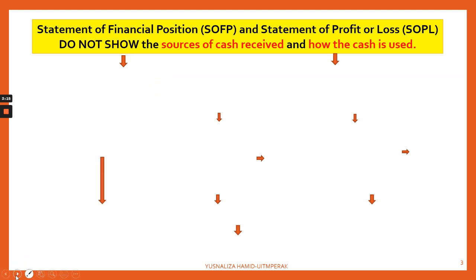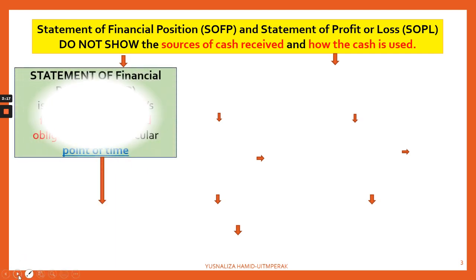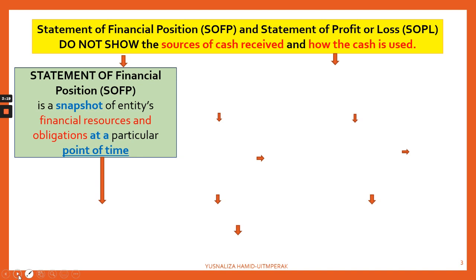Statement of financial position, for example, is just a snapshot of entities' financial resources, which we call assets, and also their obligations by way of liabilities, as well as some information regarding the equities of the company at a particular point of time.